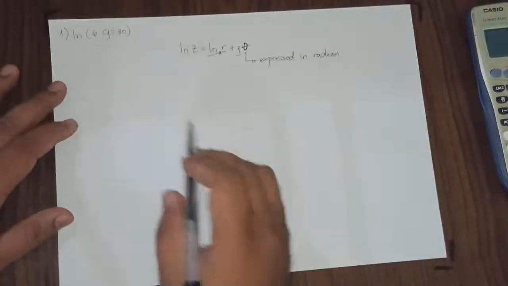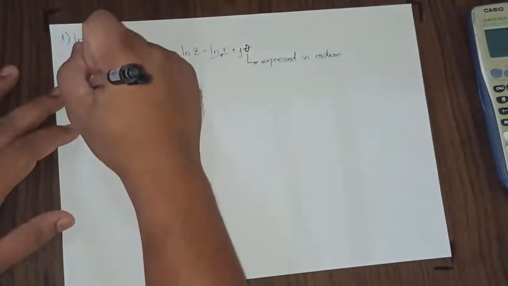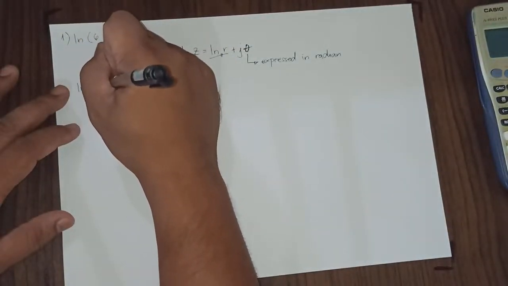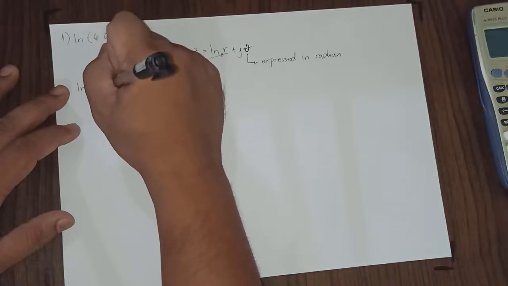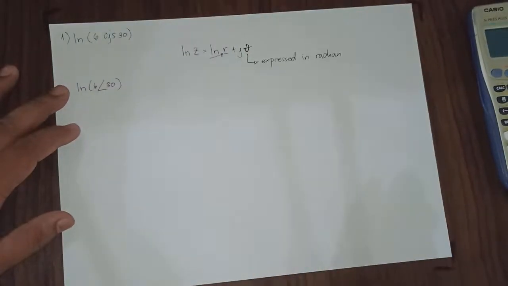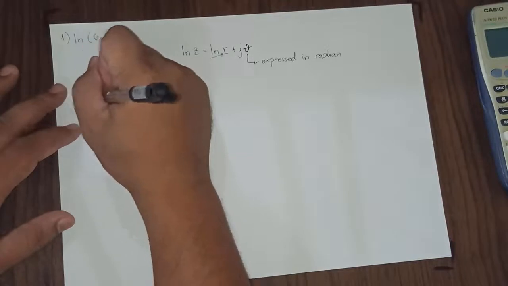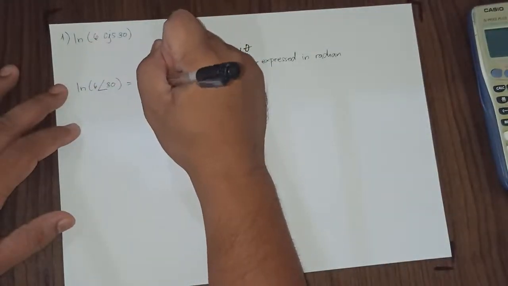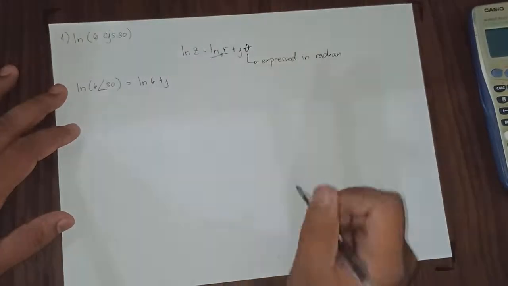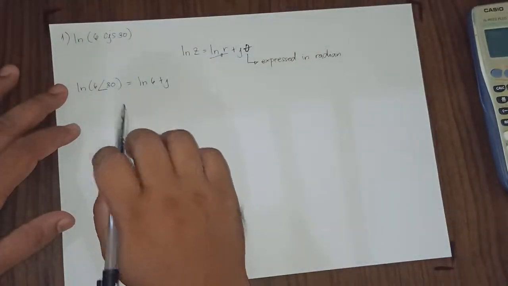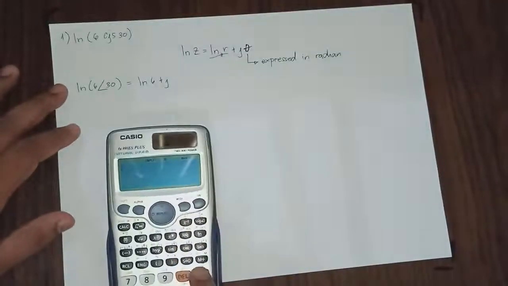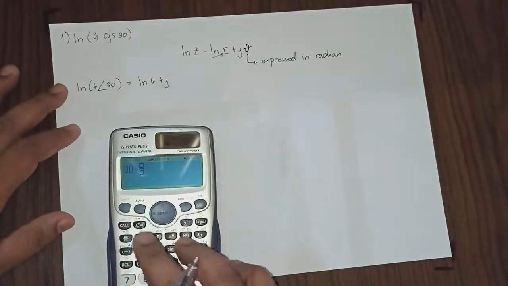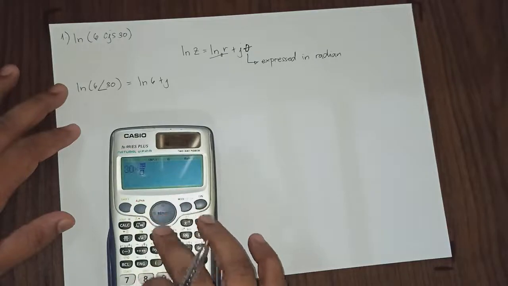So, dito sa ating example na ln of 6 that is also equal to bar angle of 30 degrees. Okay? So, pwede nating sabihin na ln of 6 plus j, ko-convert natin yung 30 into radian. So, ilan yan? Yan ay 30 degrees times pi all over 180.